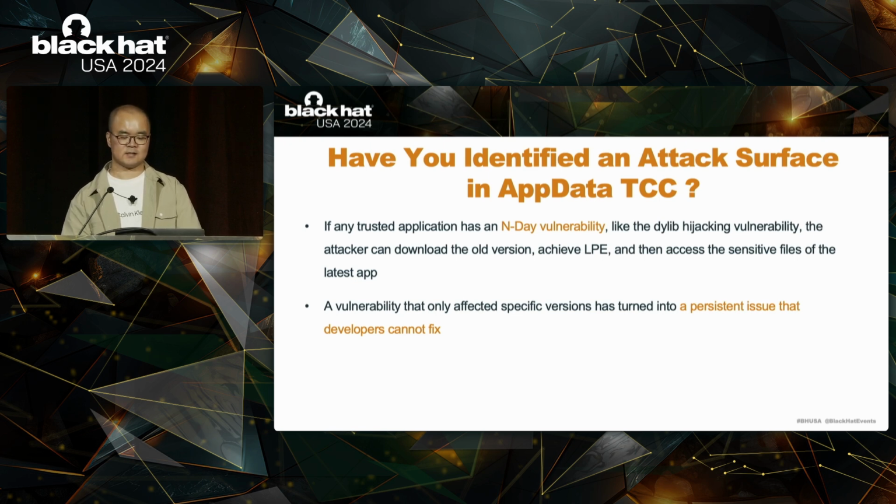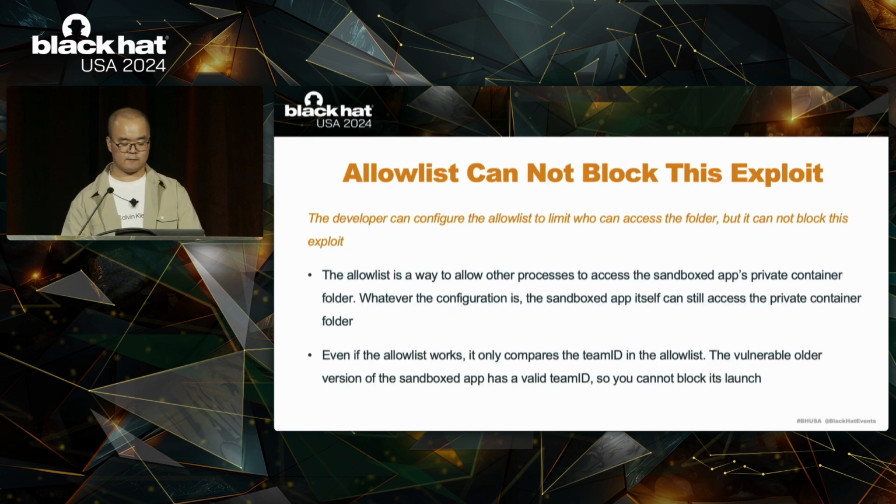and then access the sensitive files of the latest app. A vulnerability that only affected specific versions has turned into a persistent issue that developers cannot fix. The developer can configure the allow list to limit who can access the folder, but it cannot block this exploit because whatever the configuration is, the Sandbox app itself can still access the private container folder.